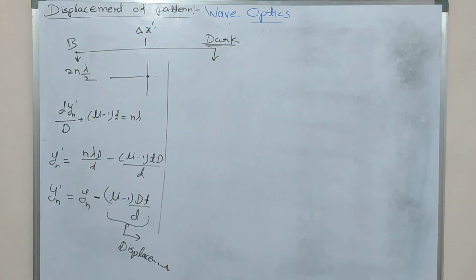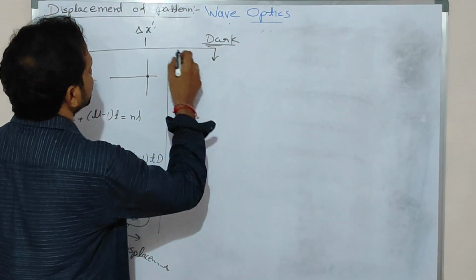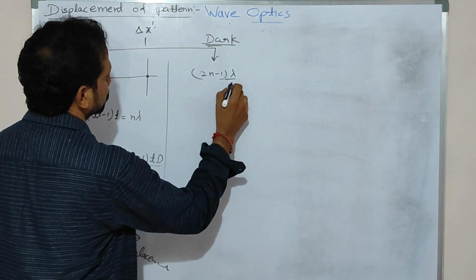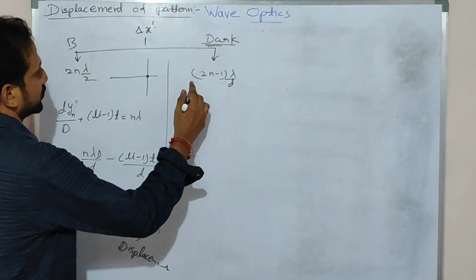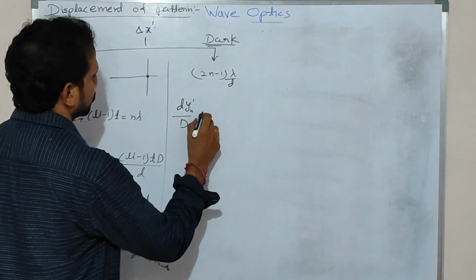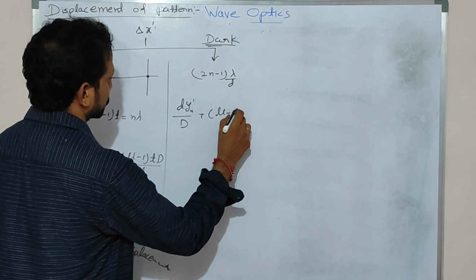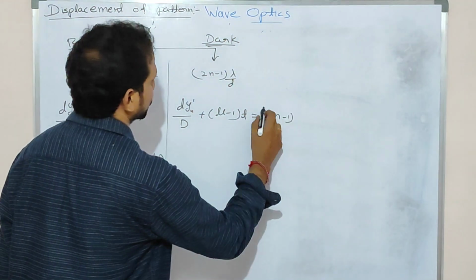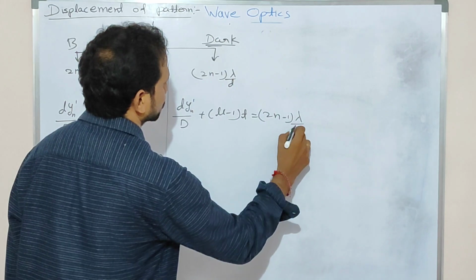So what is the condition for a dark fringe? As I said, the path difference should equal odd multiples of lambda by 2. So if we equate this, d yn prime by capital D plus (mu minus 1) into thickness equals (2n minus 1) into lambda by 2.